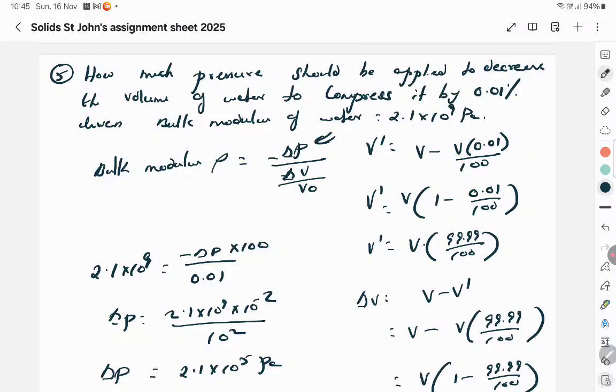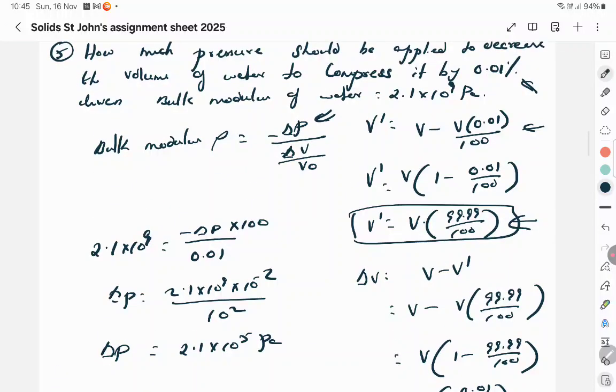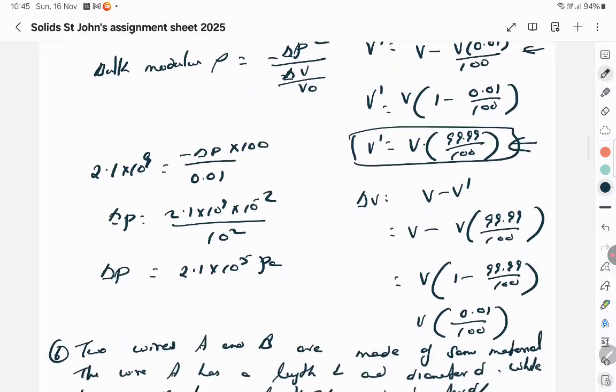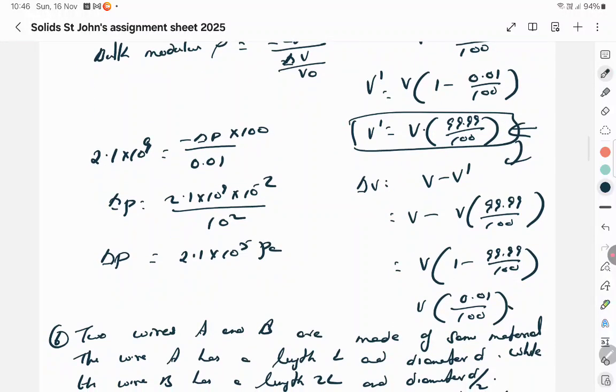So first, it's compressing by 0.01%. Initially you could find the new volume, but the change in volume itself is given. The decrease in volume, which means the delta V itself, is given. I'm sitting and finding delta V again, but what is given in the question is V into 0.01 by 100.